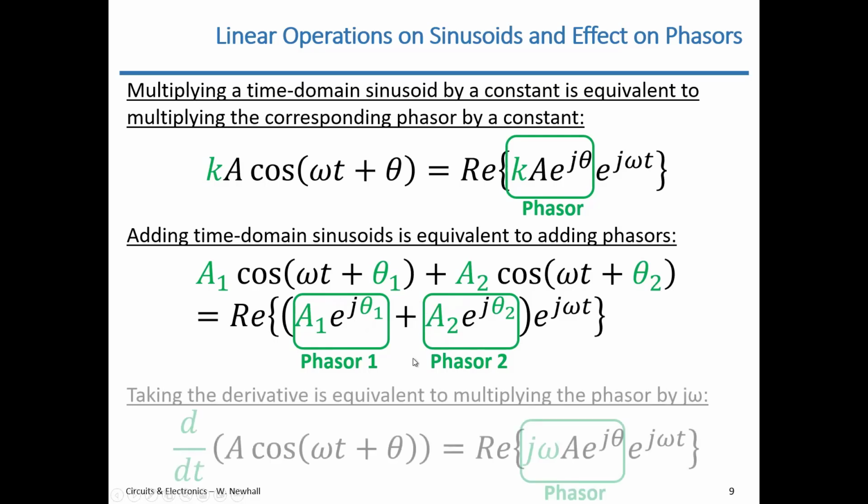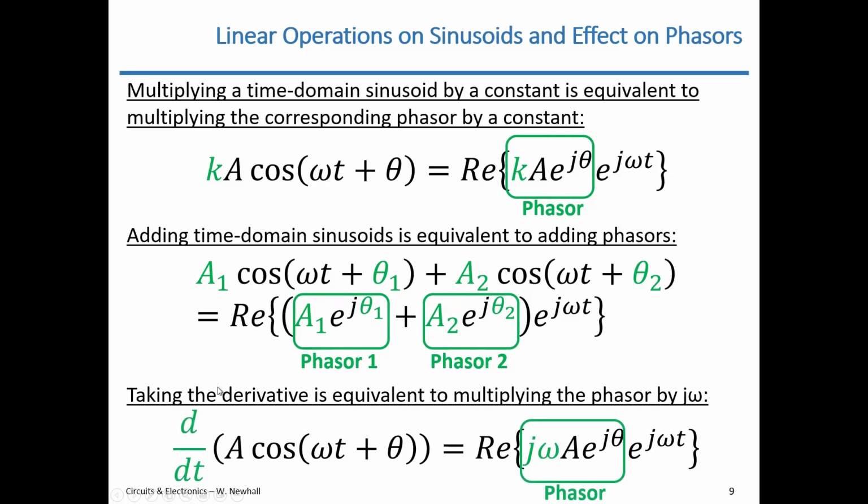When you take a derivative, as we do with capacitors and inductors, if you take the derivative of the time domain cosine, that's like multiplying the phasor by j omega. Why is that? Well, if you take the derivative of this with respect to time, j omega comes out of this. This phasor is a constant. It's just a number.